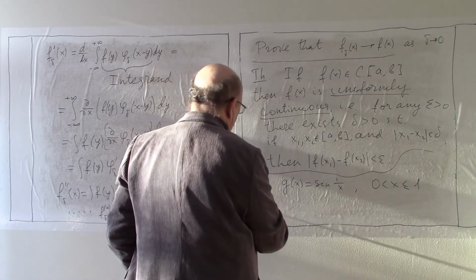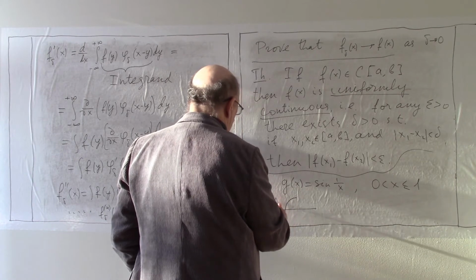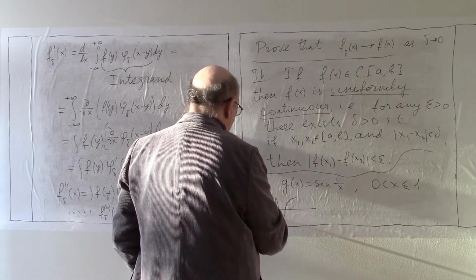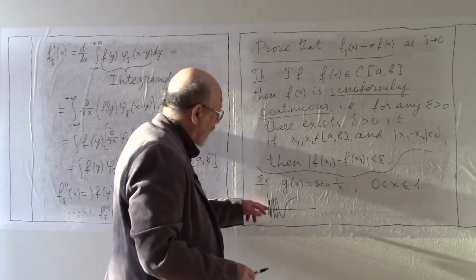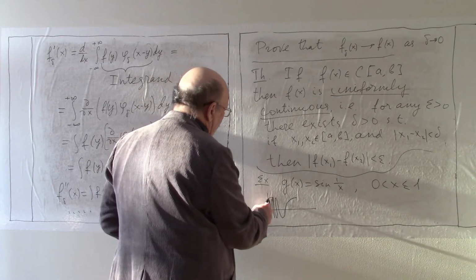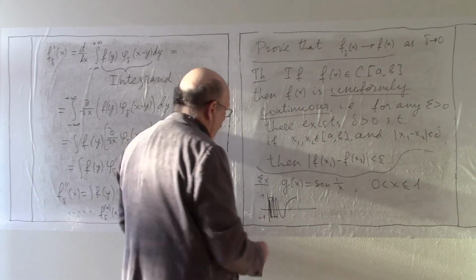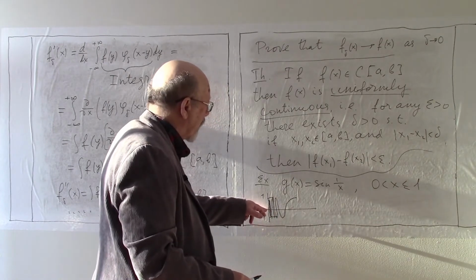So this function looks like this. It is oscillating and performs infinitely many oscillations between -1 and 1 as we are approaching 0.